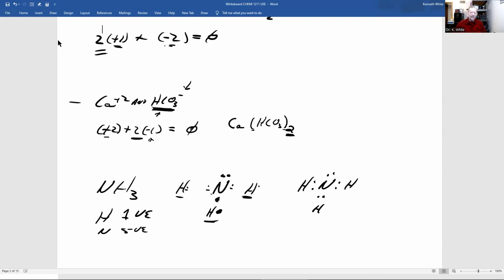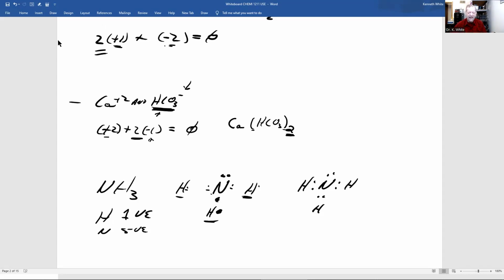Now, the octet rule, all elements except for hydrogen, hydrogen is the exception. The octet rule for hydrogen is 2.